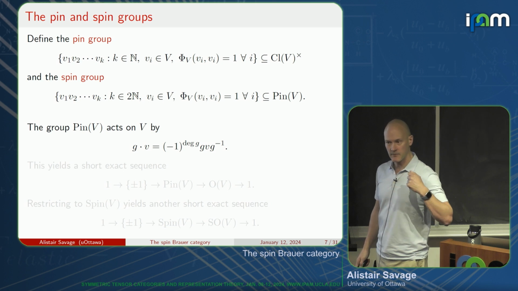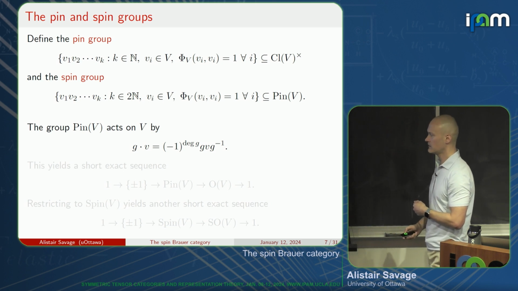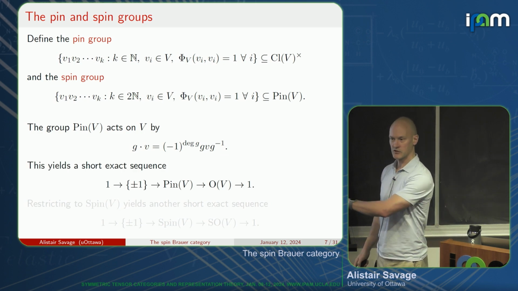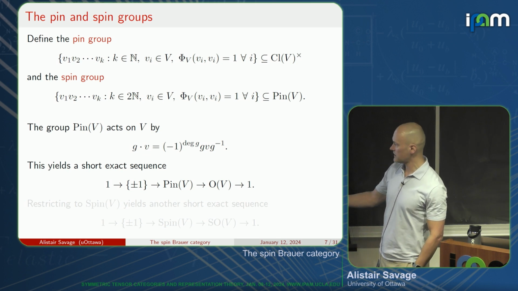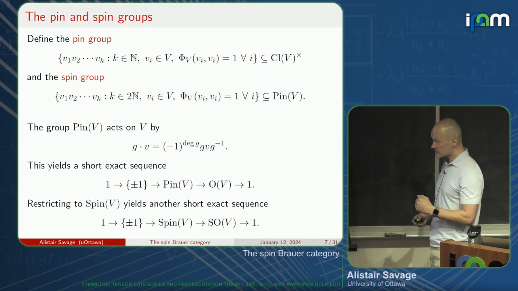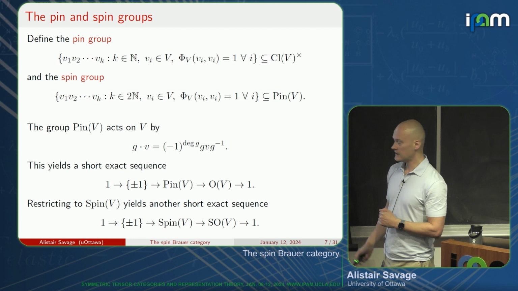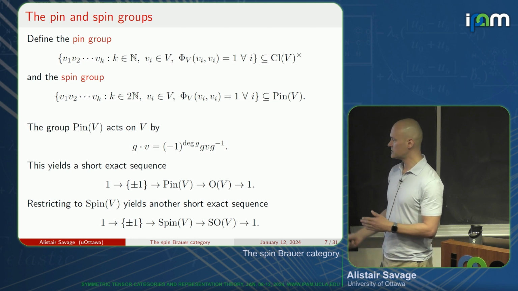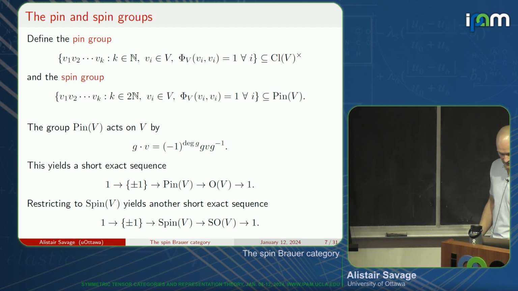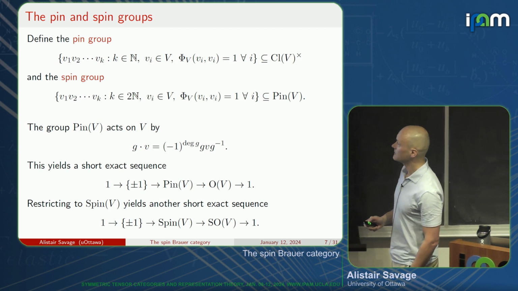So this gives you a map from the pin group to the orthogonal group because it gives you an action that preserves the form. And then you can check that the kernel is just plus or minus 1. So you get the short exact sequence, and this shows that pin is a double cover of the orthogonal group. And then if you just restrict to spin, then this maps to SO(V), and again, the kernel is still plus or minus 1, and so you see that spin is a double cover of SO(V). Okay, so very concrete realization of these groups.